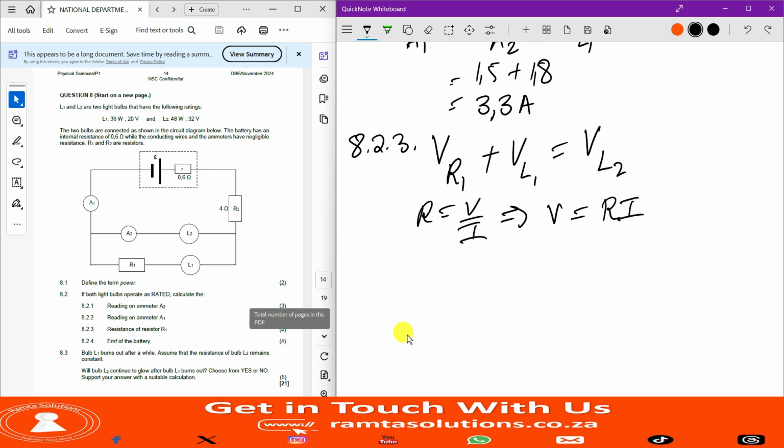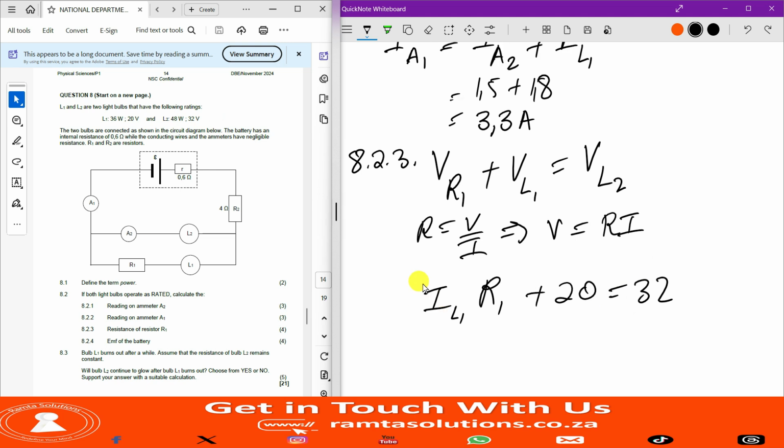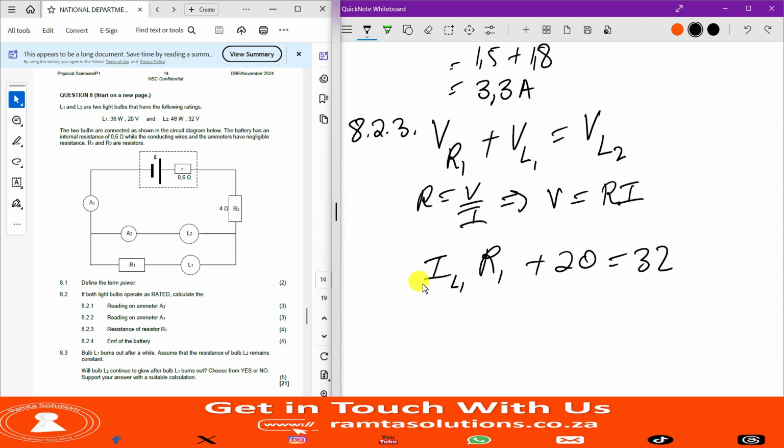And we know the current that is flowing here, the current at L1, which we calculated, times resistance R1, plus the potential difference of L1, which was given as 20, equals the potential difference of L2, which was 32. The current at L1 was 1.8.